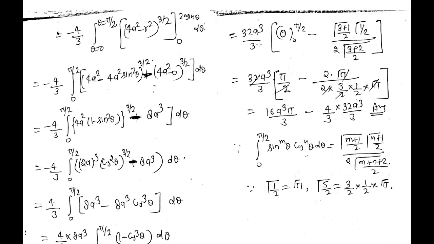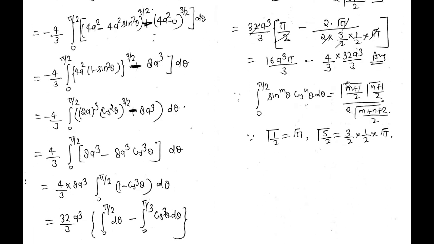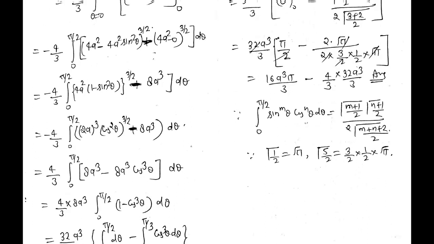Now 32a cube upon 3. So you can solve this, theta 0 to pi by 2 minus, I am applying the gamma function rule here. That means 0 to pi by 2 cos cube theta d theta. So you can write gamma of (m plus 1) upon 2, gamma of (n plus 1) upon 2, whole upon 2 gamma of (m plus n plus 2) by 2, right?